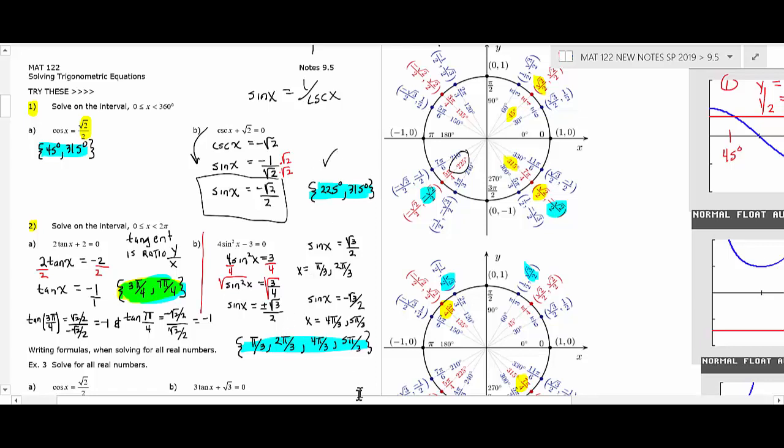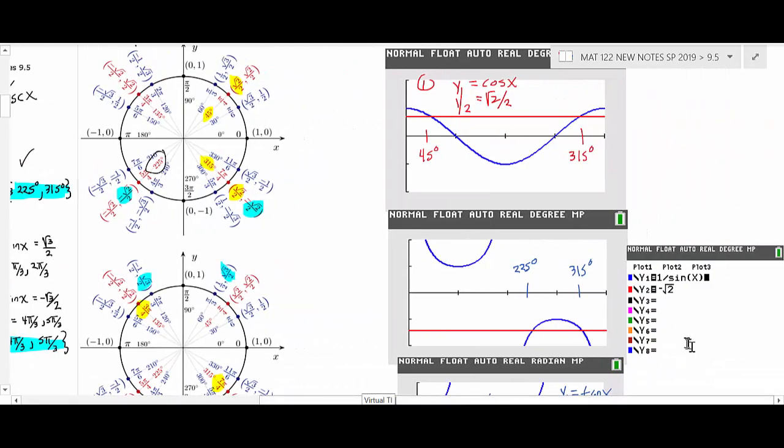Now what I'm going to do is I'm going to move over here for a second and show you the graphs of these two and just kind of show you what I did on this. I did this a little bit different way. The way I put this in the calculator is, since you were solving the equation cosine x equals root 2 over 2, what you can do is graph out the cosine, and I did this from 0 to 360, and I was in degree mode when I did this.